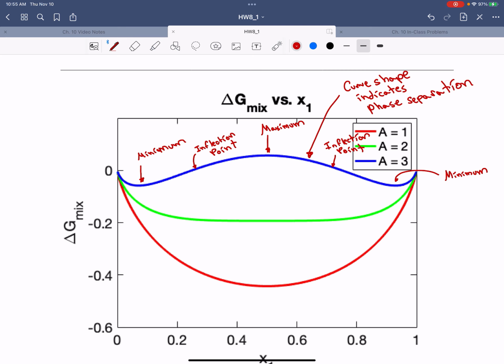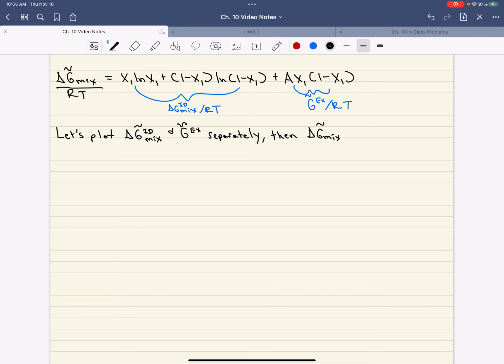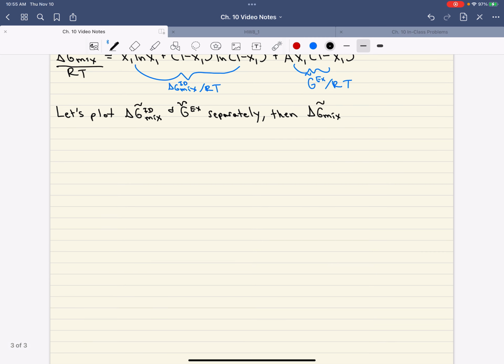All right? Okay. And so we'll talk more about exactly what this phase separation means and how we could actually quantify it. But for now, let me just summarize the things we can interpret from these curves.